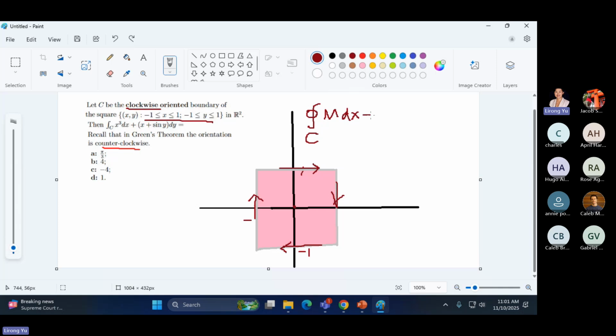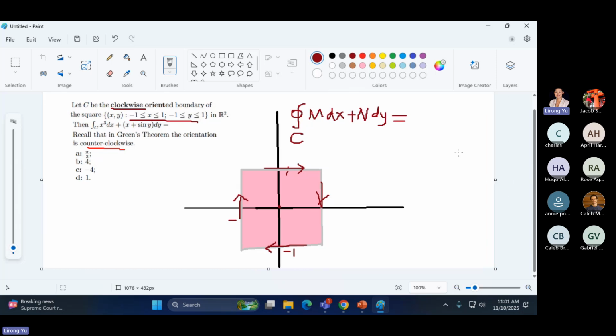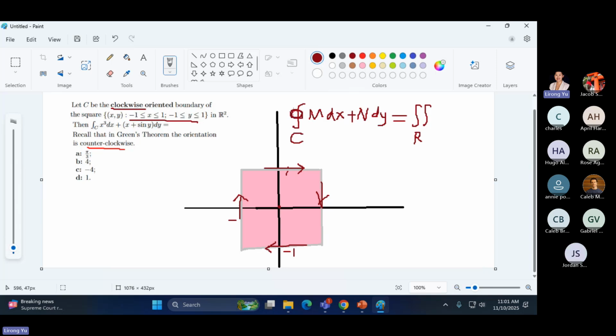Let's remind ourselves: M dx plus N dy, and again, N is a function, not a number. Based on Green's theorem, this is equal to a double integral. The integration region is the region within this boundary. That's why it's a closed curve, so that the region will be closed up.